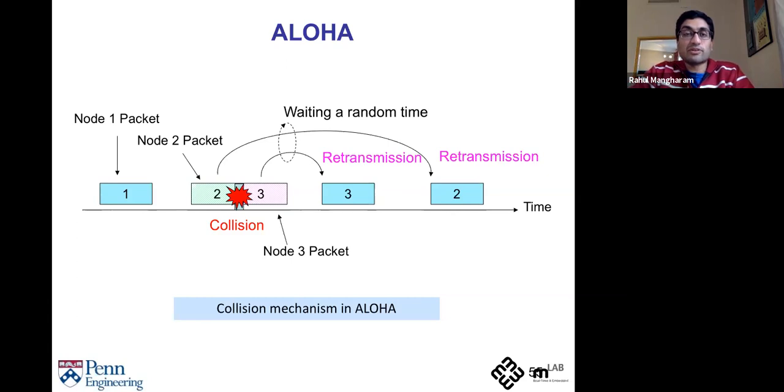What else is important? So what's happening here?